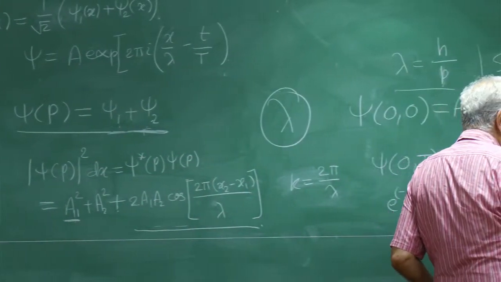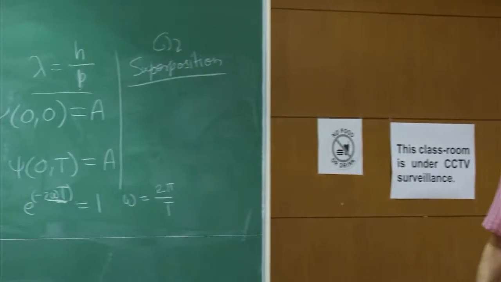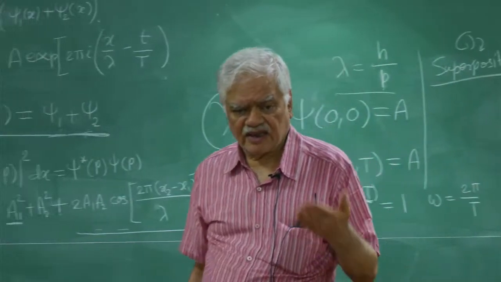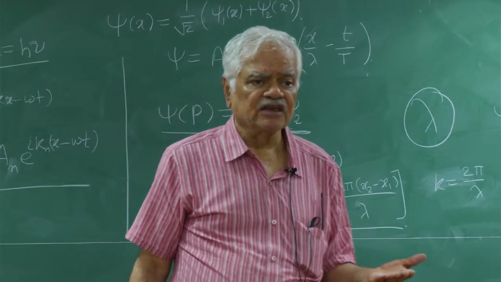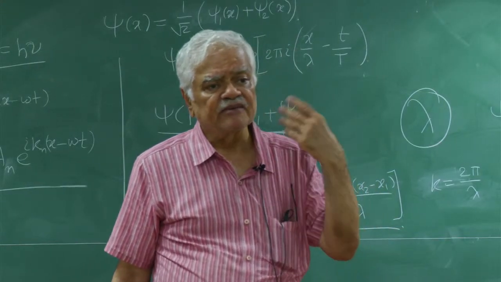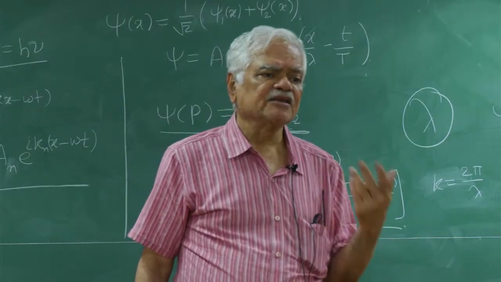Now let me generalize. We learned it in the context of this experiment, but this is generally true. A general state of a quantum system can always be expressed as a superposition of various states. So this gives you a mathematical structure. What is the mathematical structure which supports this statement? Linear space.